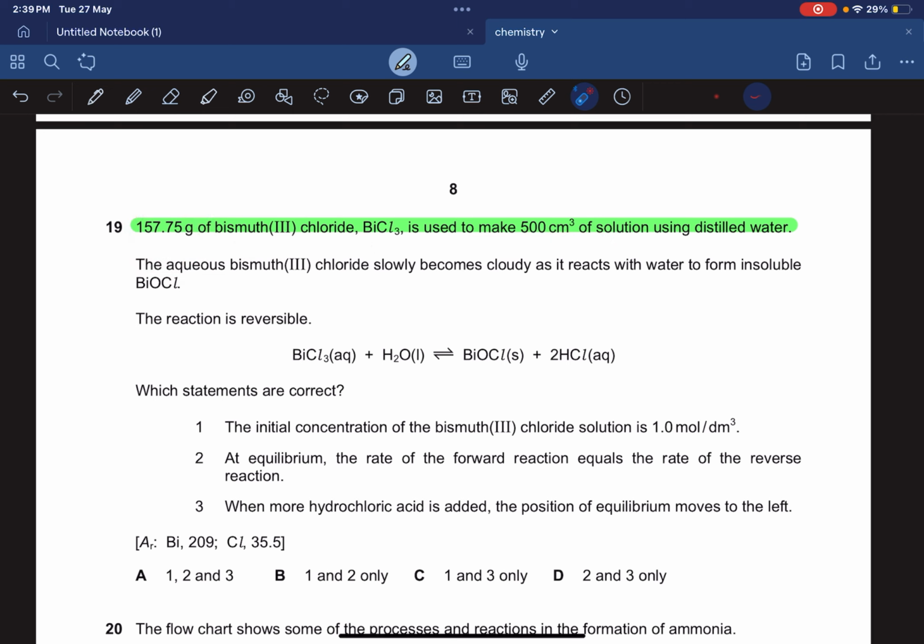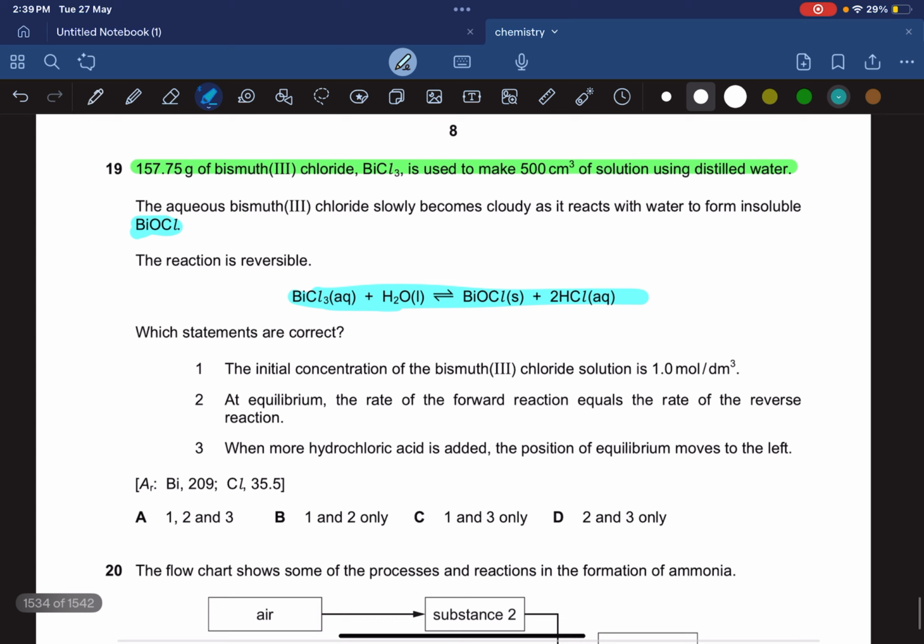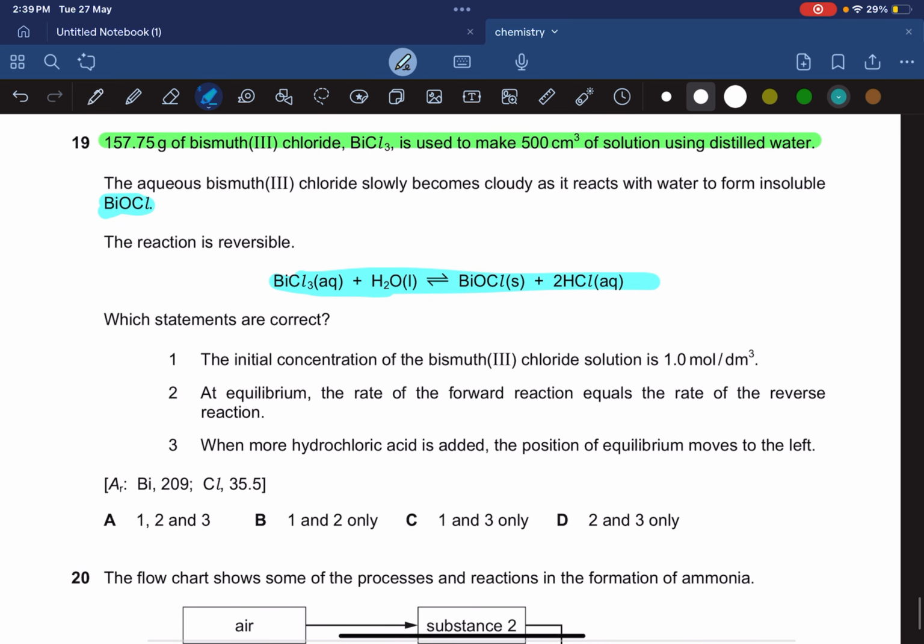The aqueous bismuth chloride slowly becomes cloudy as it reacts with water to form insoluble BiOCl. Now we are getting cloudy because we are forming this. The reaction is reversible. In a reversible reaction, the important thing is the exo or the endo. Which statement is correct? The initial concentration of bismuth chloride solution is this.